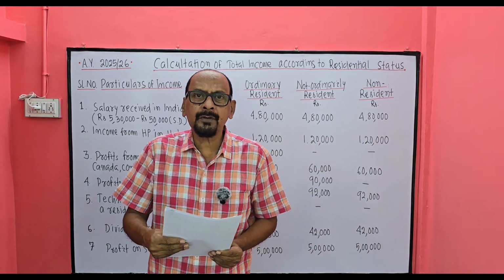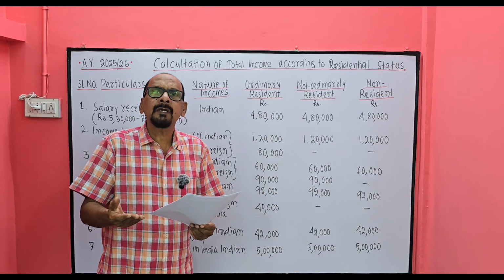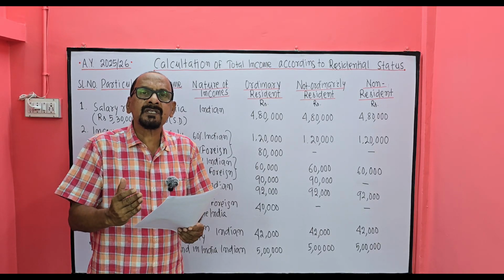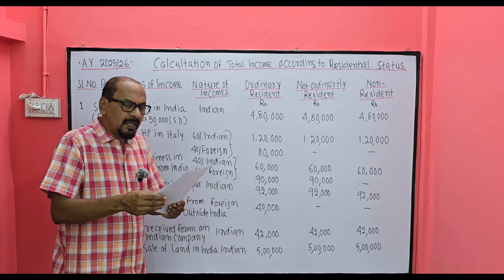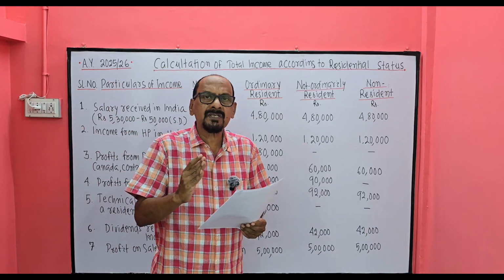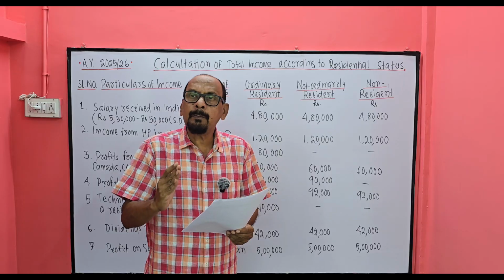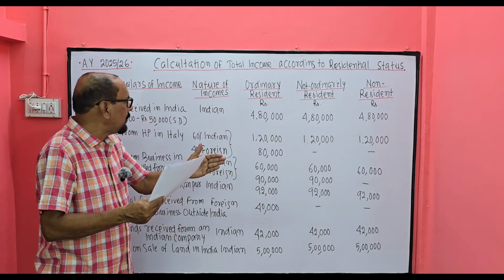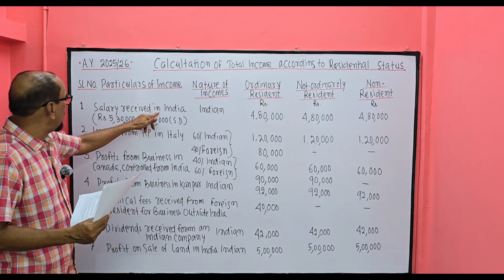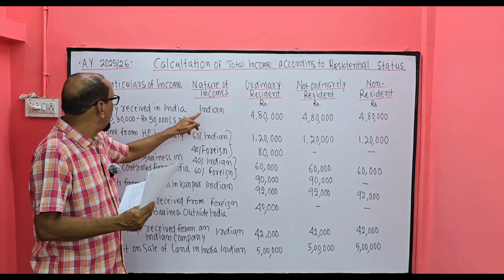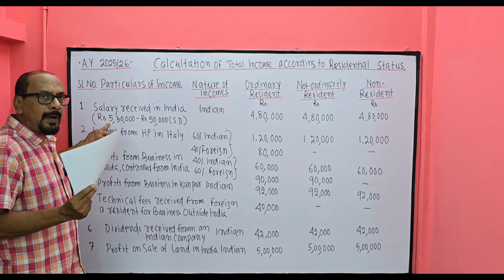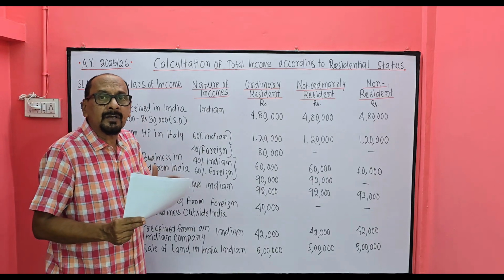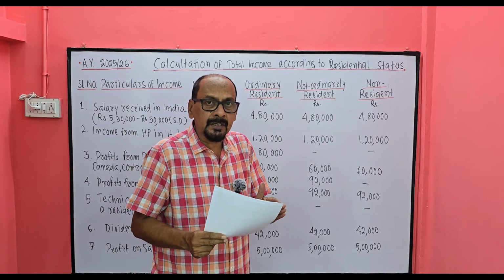So let us go for finding out the scope of total income based on residential status. The first one: salary received in India for services rendered in Spain, 5,30,000. Salary received in India is an Indian income. Here the salary is 5,30,000 minus 50,000 standard deduction.